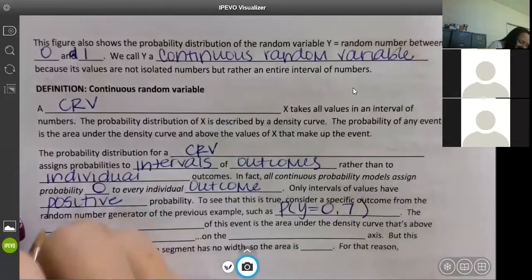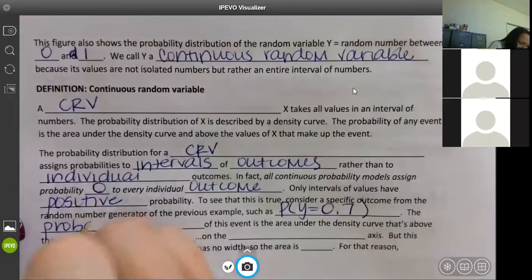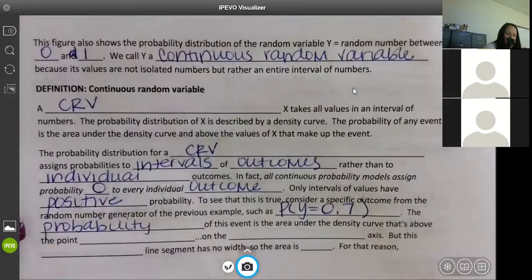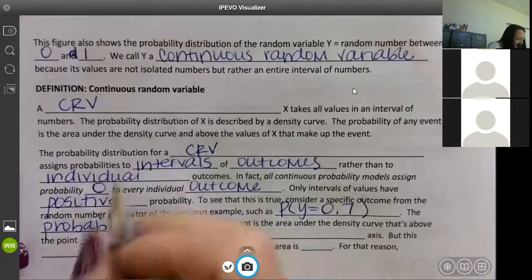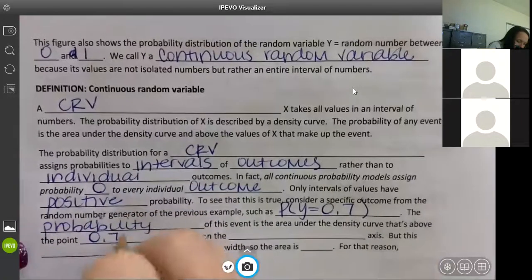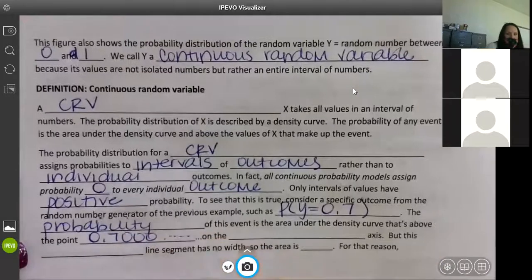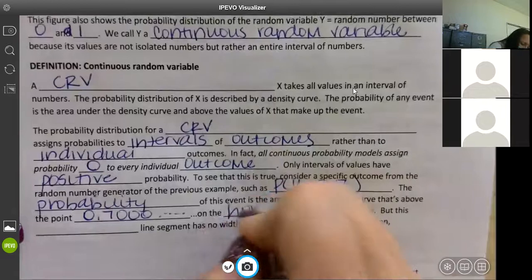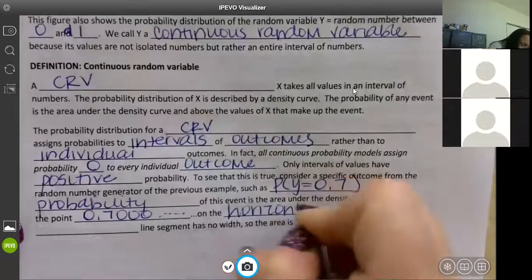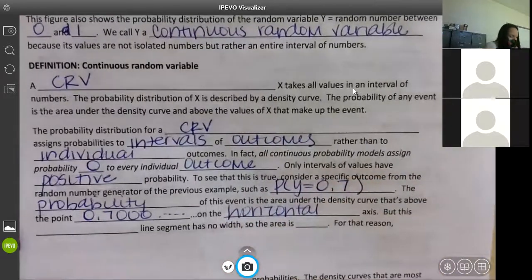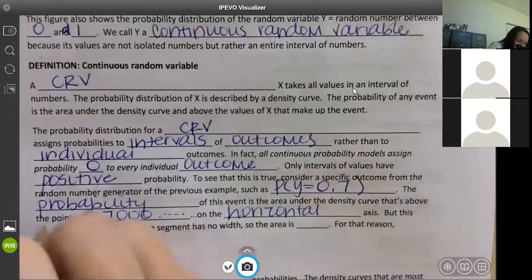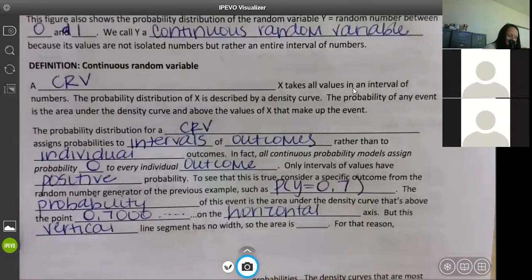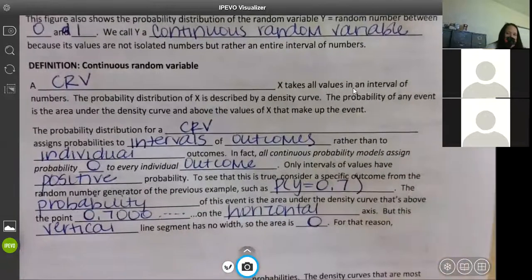The probability of this event is the area under the density curve that's above the 0.7 on the horizontal axis. But this vertical segment has no width, so the area is 0.